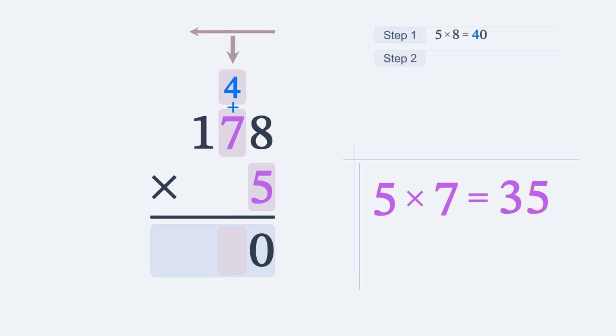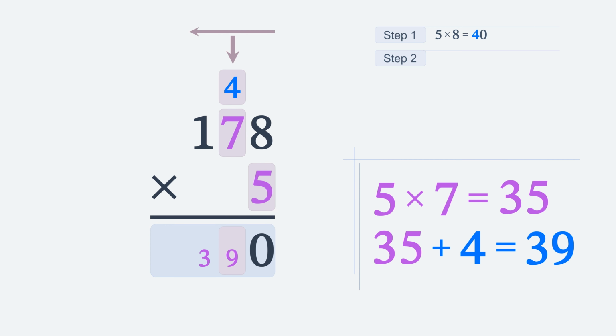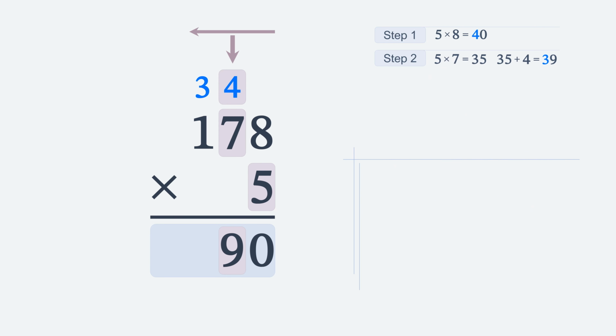We need to add it to the answer we've just got. 35 plus 4 equals 39. And we get another 2-digit number. It looks like we have to carry again, but we already know how to do that. So we write 9 in the tens place of the answer and carry 3 up to the top of the next number place column, which is the hundreds place.